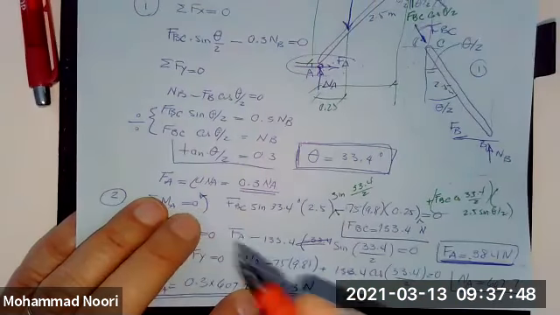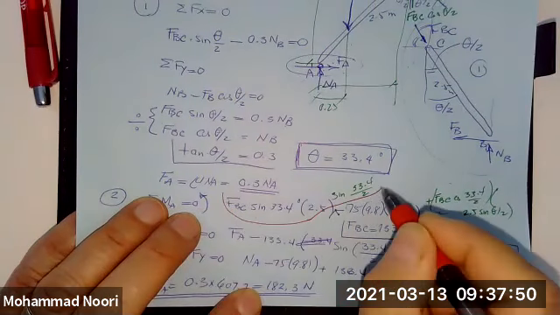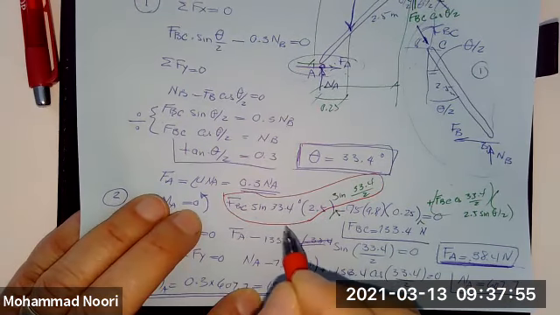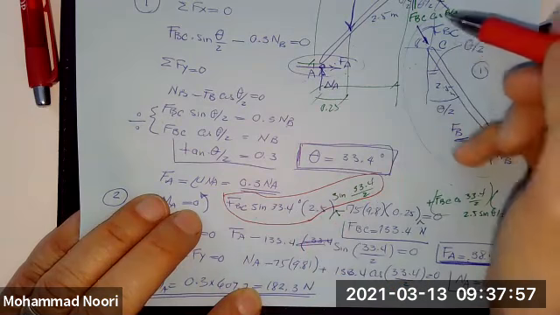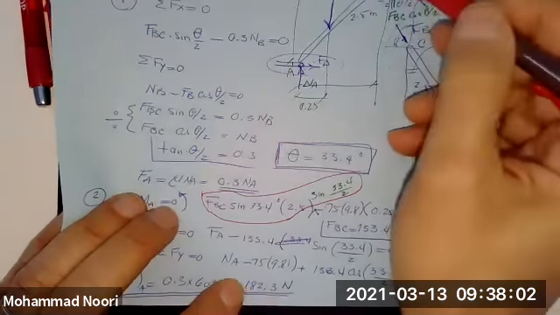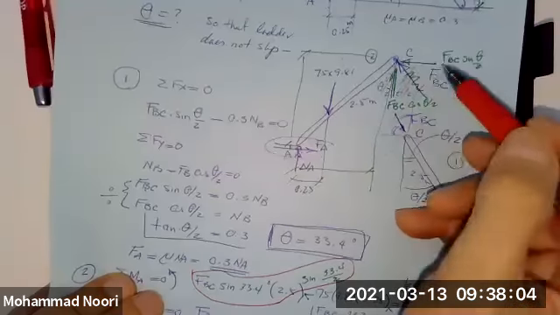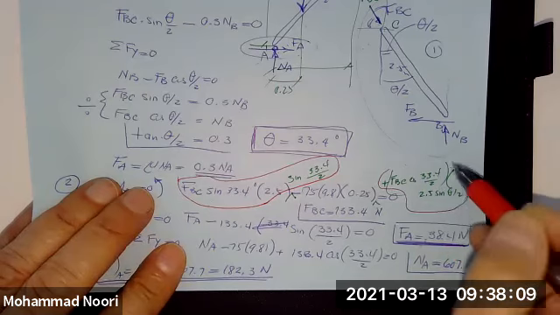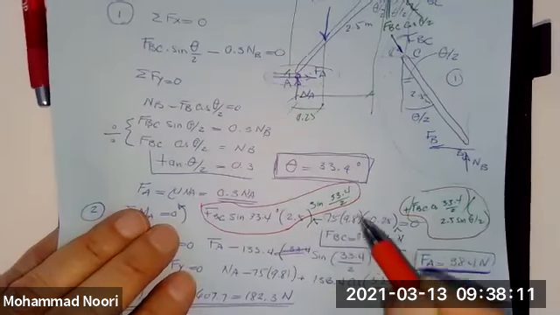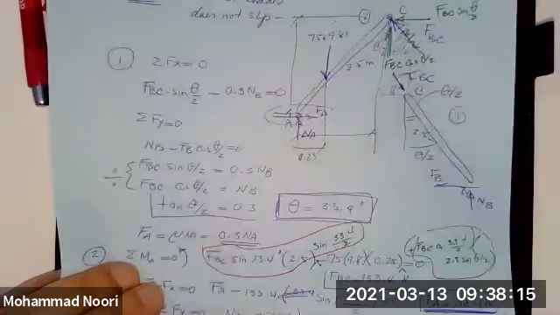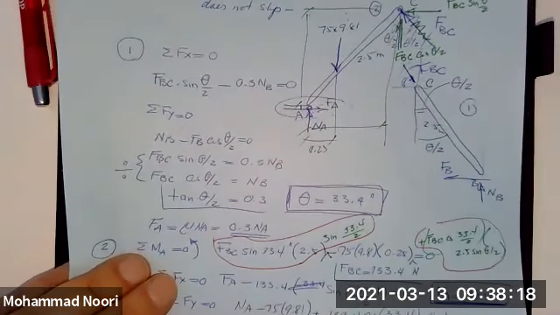It is this component, FBC, so the moment of this and then the moment of this component. Both are positive, and then this one would be negative. This goes this way, but this one and this one both generate a positive moment. Okay, that makes sense.